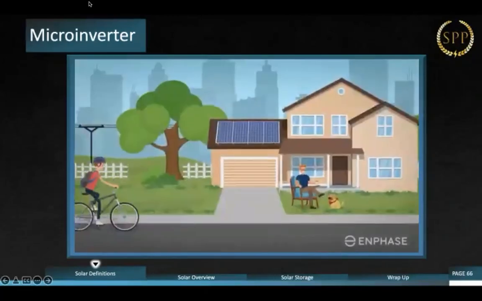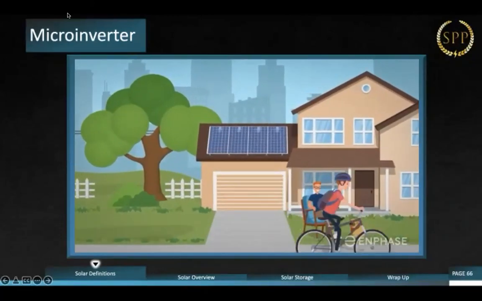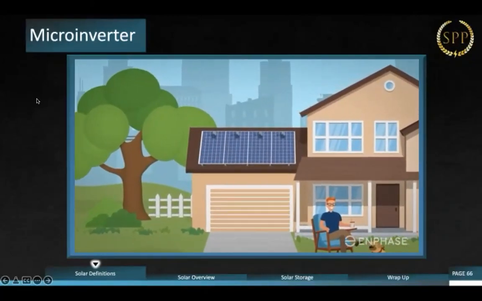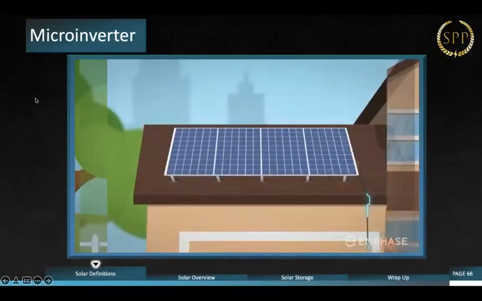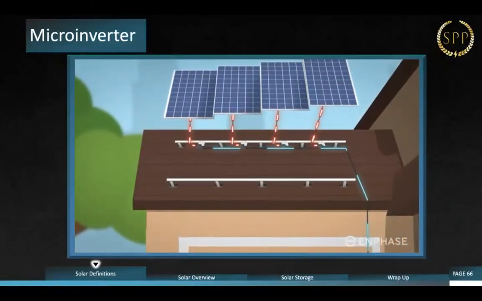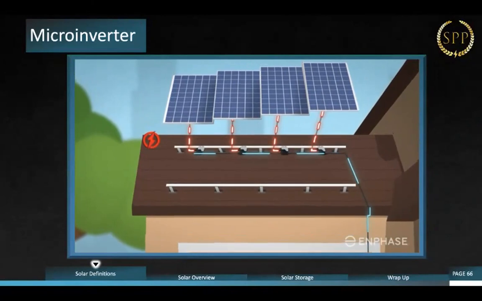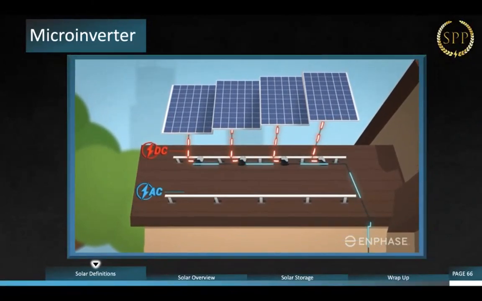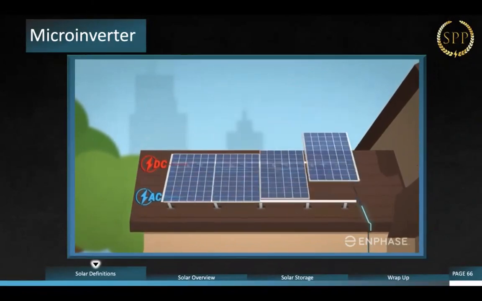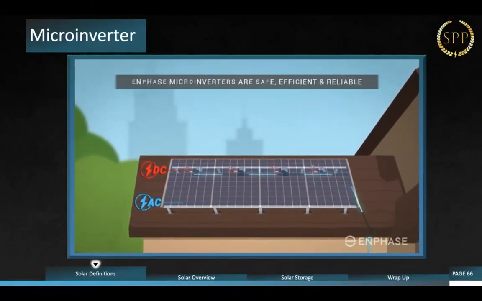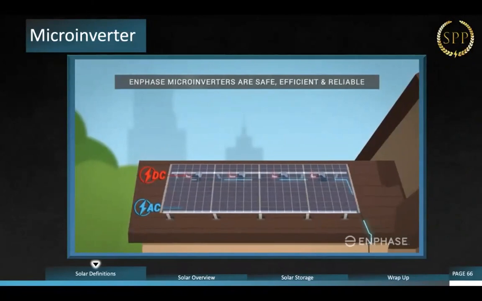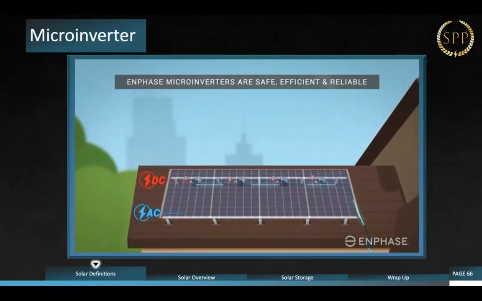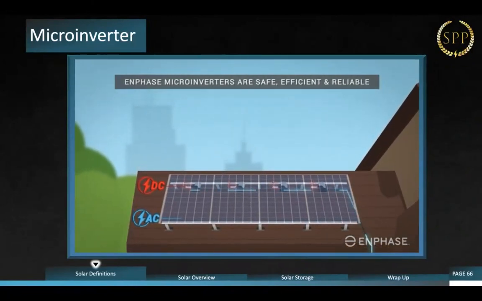Solar panels may get the glory, but it's the inverter that does all the work in a solar PV system. Tucked beneath each solar panel, microinverters are responsible for converting the direct current produced by your solar panels into alternating current your home can use. With such an important role in safety, efficiency, and reliability, it's no wonder homeowners insist on using Enphase microinverters.